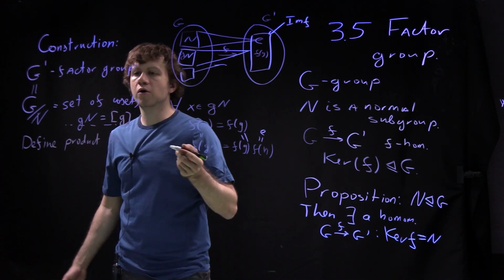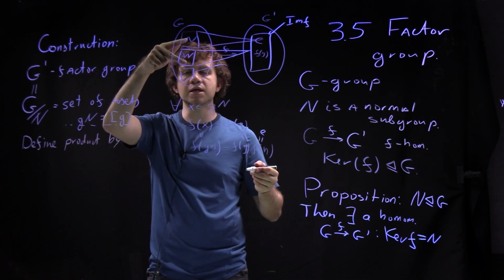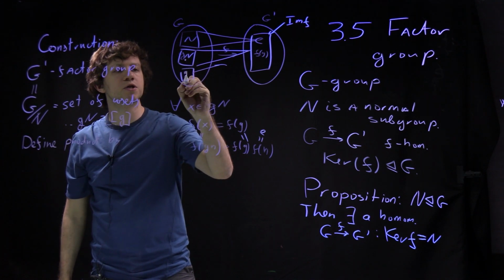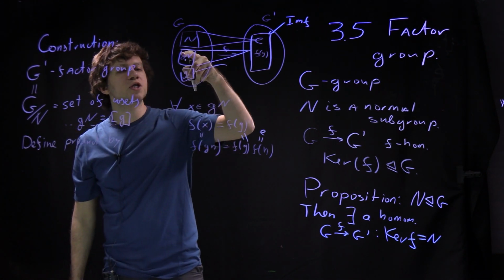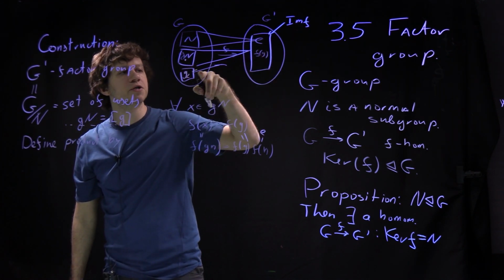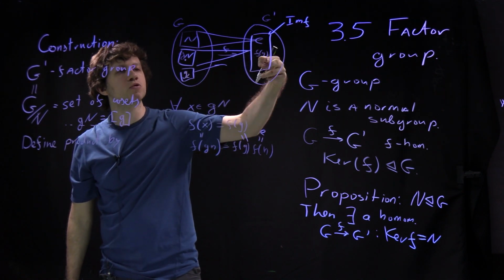If you want to multiply two elements here, which are two cosets, say g1, g2, you know that g1 will go to some f of g1, g2 to f of g2, and the product will go to the product.